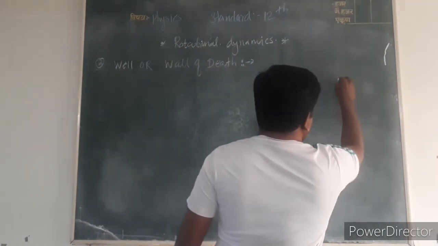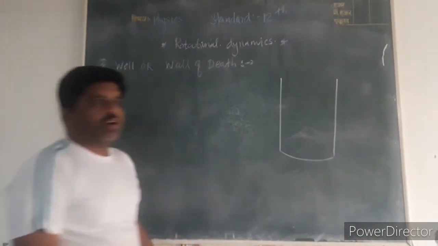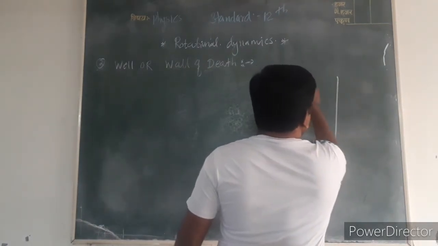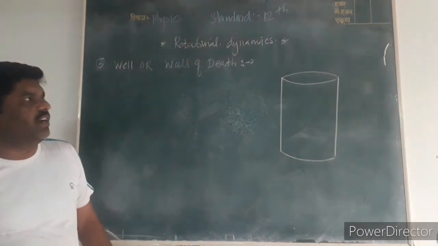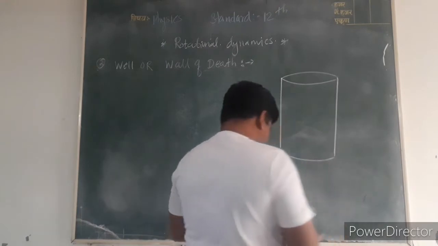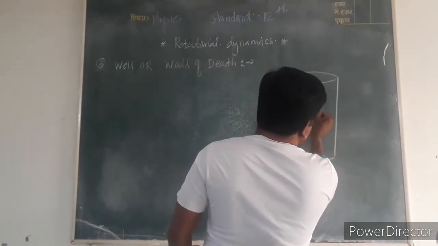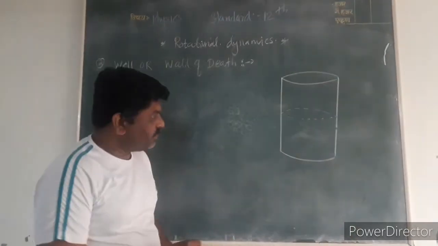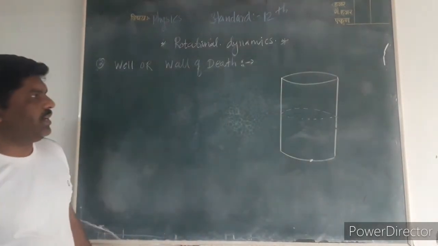This wall of death is nothing but a vertical cylinder. It acts as a vertical cylinder, and this is the base of this vertical cylinder.